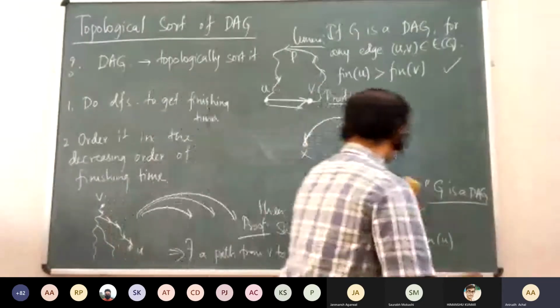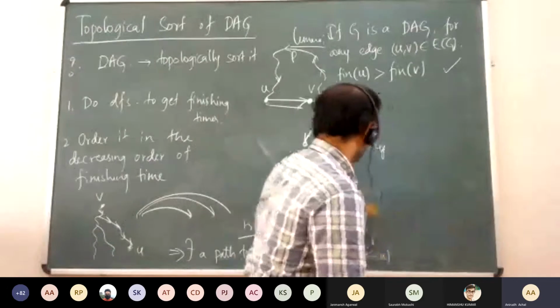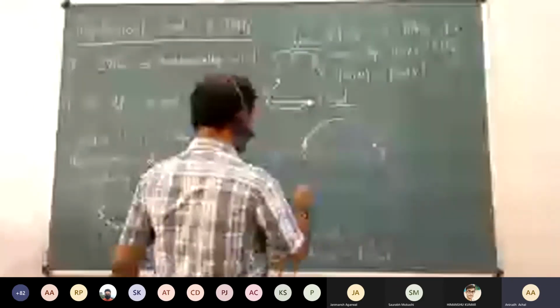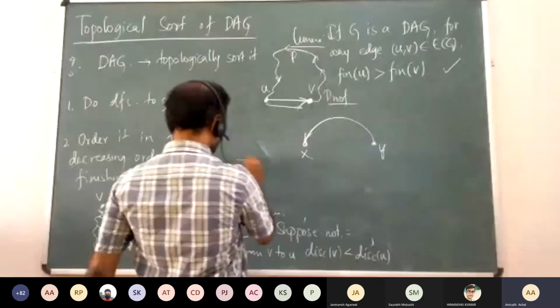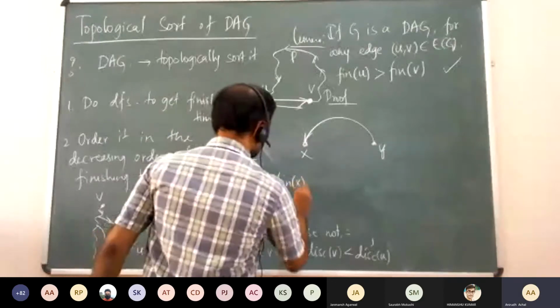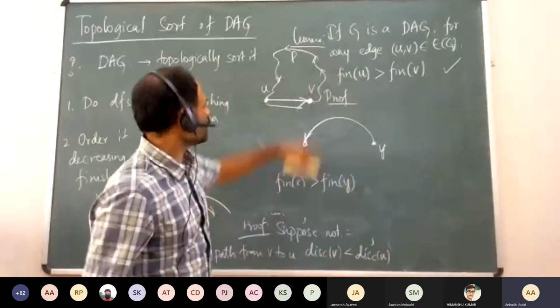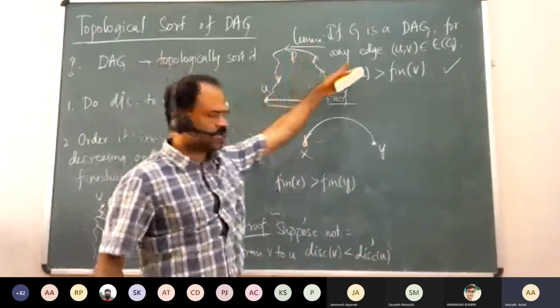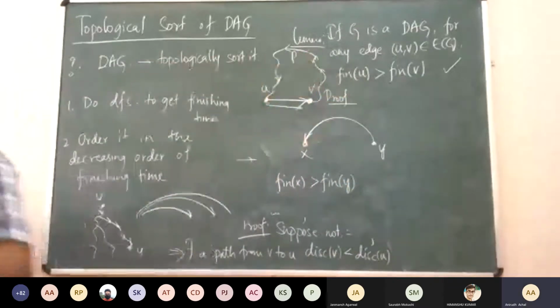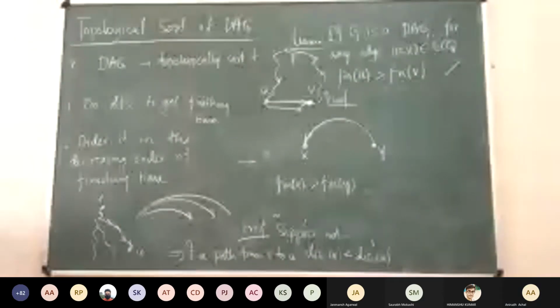We know that the finishing time of Y is greater than the finishing time of X by the lemma that we just proved. But with respect to the ordering, we know that the finishing time of X is greater than the finishing time of Y, right? That is how we order. This contradicts the lemma, because once there is an edge YX, the finishing time of Y should be greater than the finishing time of X.